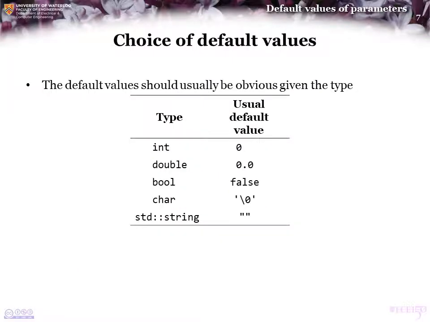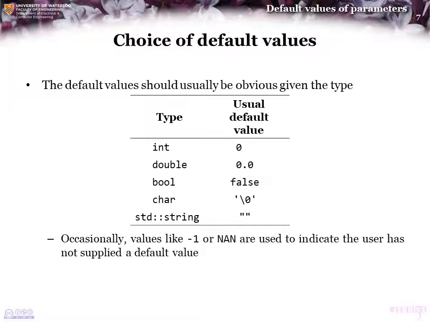Now, usually the default parameter should be something that's obvious given the type. So default values for ints or doubles are usually 0. For a bool, it's usually false. For the character, you can probably use a null character, and for a string, you can use the empty string. Occasionally, you may use a value like -1 or not a number, which is in the C math library, where it is declared as a constant.